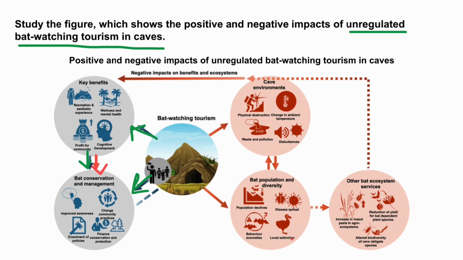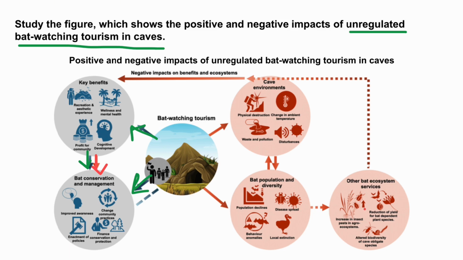Local extinction is an extension of population decline. And you look up and down here, so these relate to each other. The cave environment that's not suitable for bat populations, or is less than suitable, would affect the bat population. And in turn, the disease, all these bacteria, also affects the environment, so it goes both ways.